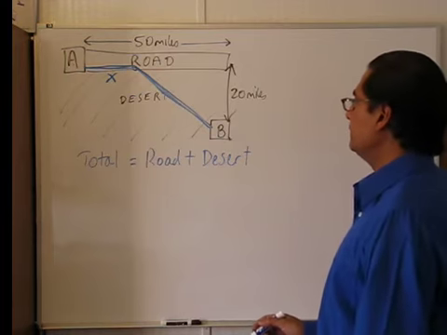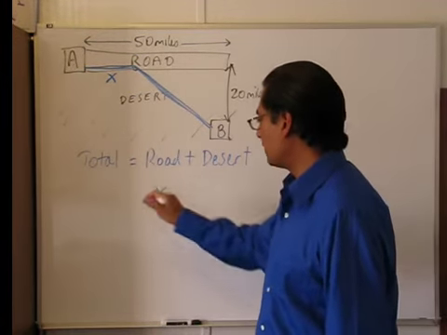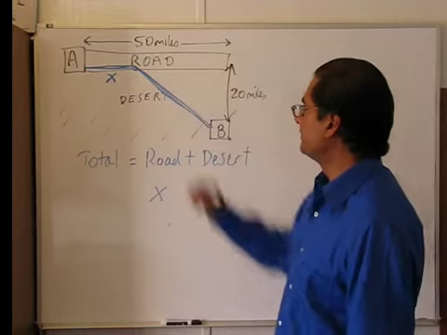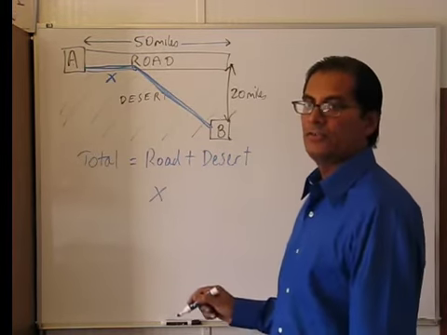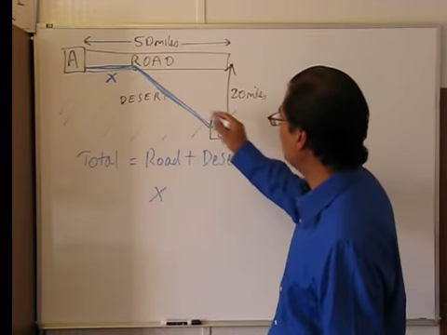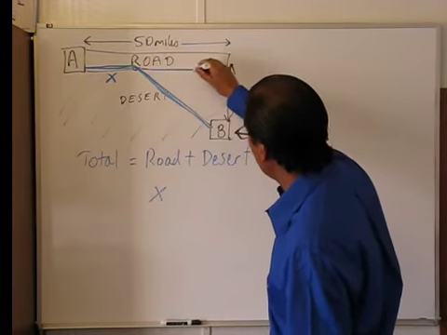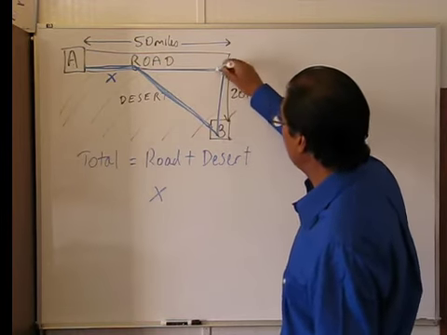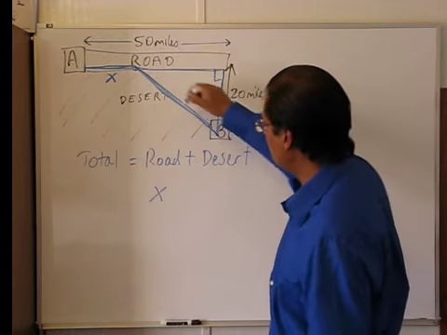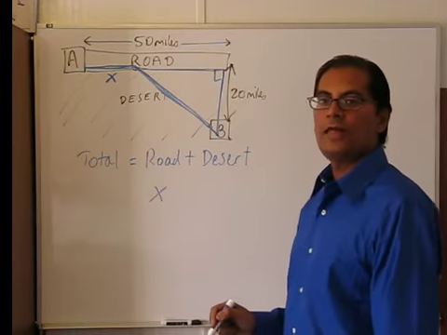Okay. We know the distance on the road is X. We just said so. But what is the distance across the desert? Well, it depends on X. If we look carefully at this, we actually have a right triangle here. And the distance across the desert is the hypotenuse of that right triangle.